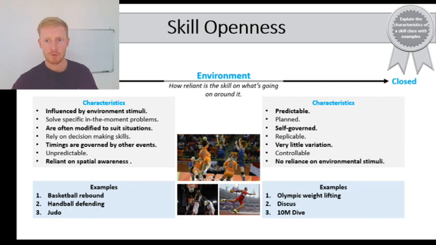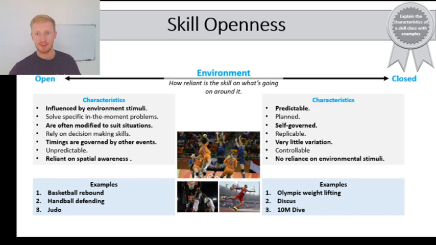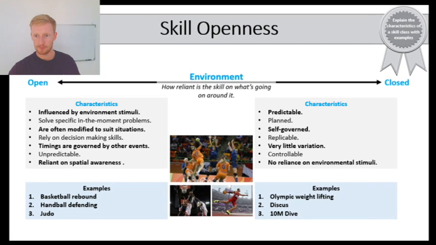So, environment. Open and closed. Well, an open environment is where things can happen, things can change. Things other than the performer decide how that skill is going to actually run in the end.